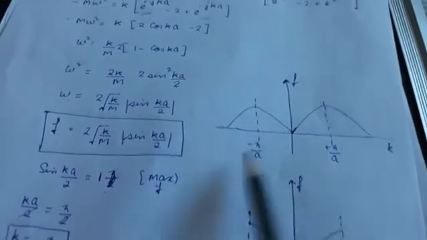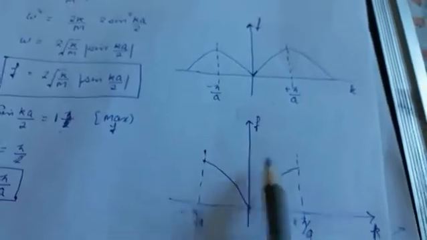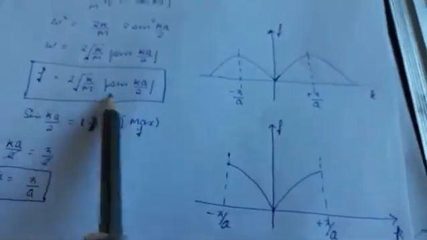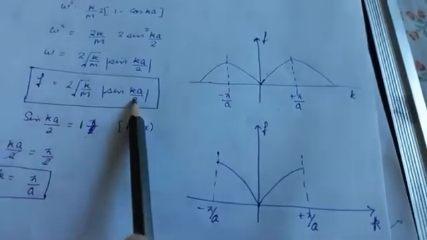From the plus and minus direction, you will see that the frequency is maximum at k equal to plus minus pi upon a, and this is how it will look. This is actually the dispersion relation, because it is a relation between frequency and the wave vector k.